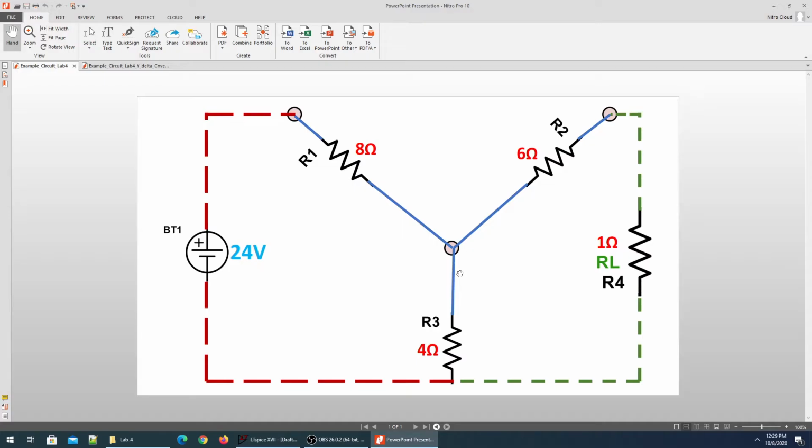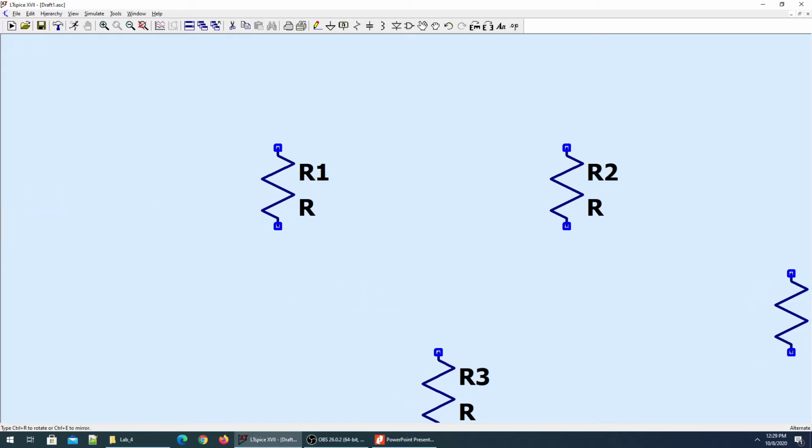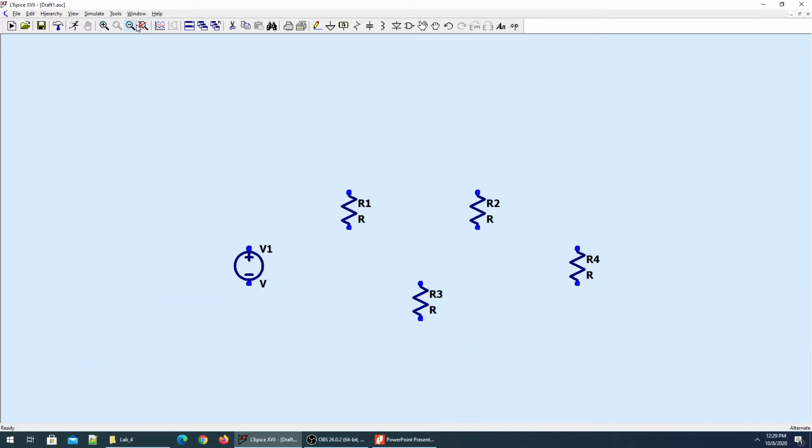I'll need a voltage source of 24 volts. Okay, here's the voltage source. Now I'll bring the wires and connect them.